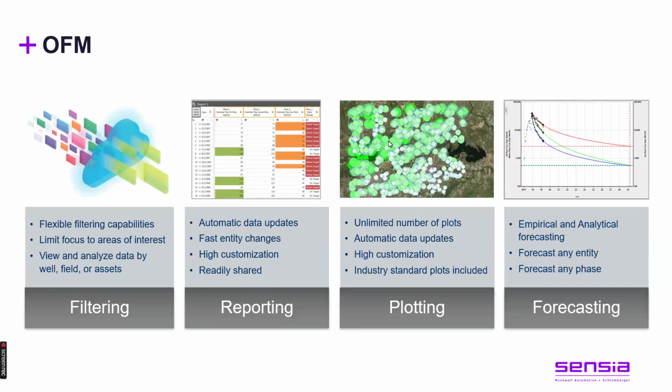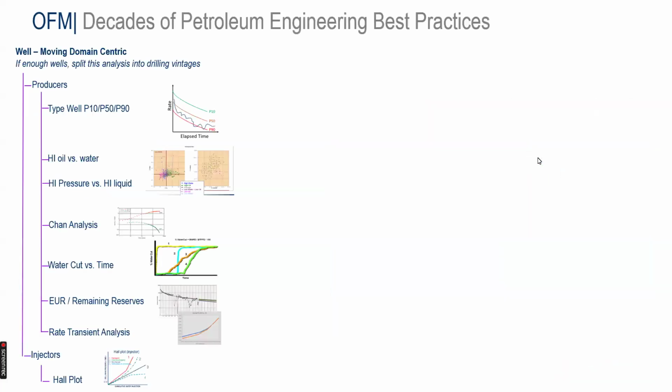You can create a lot of maps, 2D, 3D maps, and then you can animate those maps. We have a very good model for forecasting that has unconventional and conventional forecasting, Arps equation, Duong equations, and you can do a smart forecast. We will explain that.